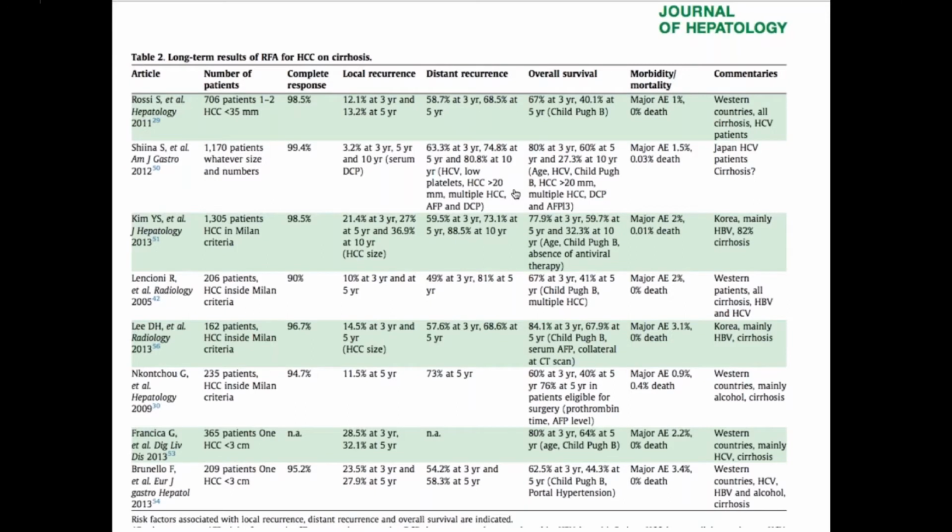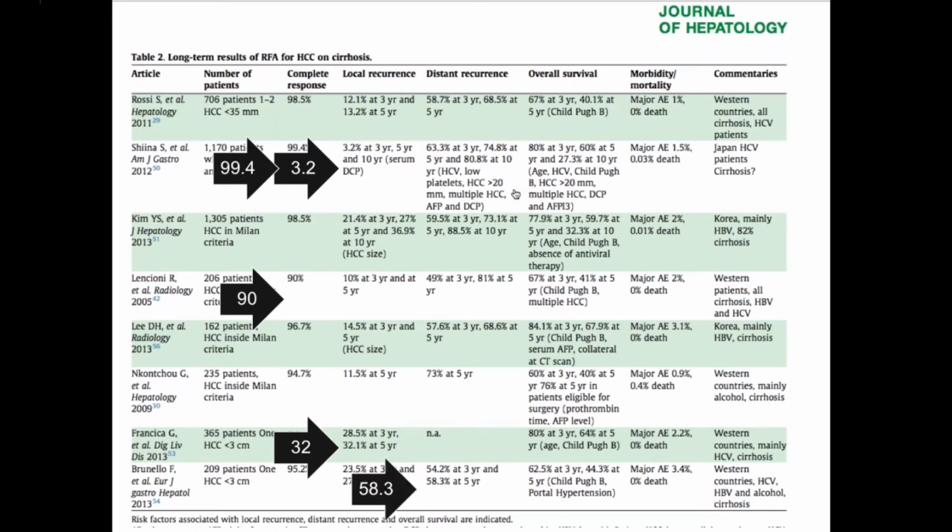In this table, long-term results of radiofrequency for HCC within the Milan criteria are reported. The complete response is obtained in these papers from 90% to 99.4%, very high, with a local recurrence ranging from 3.2 to 32%, and a distant recurrence between 58 and 81%.